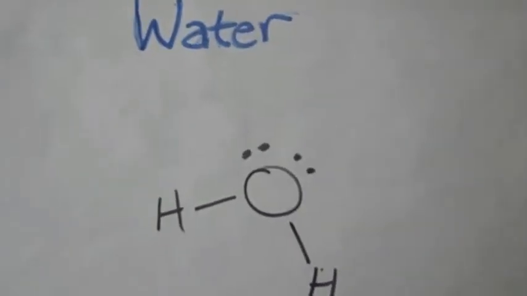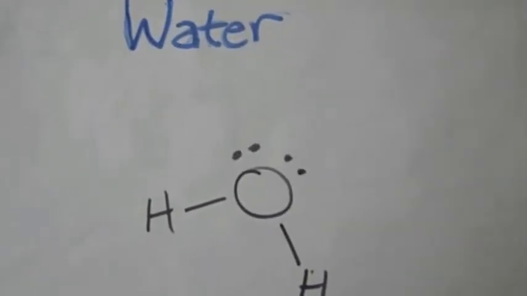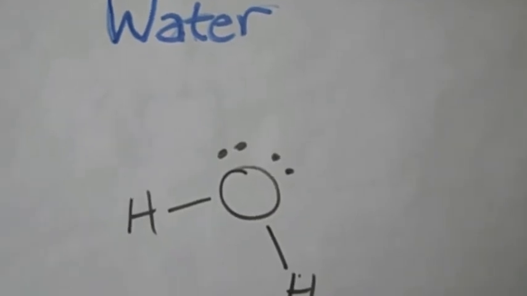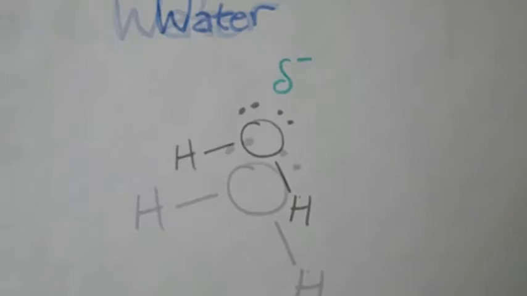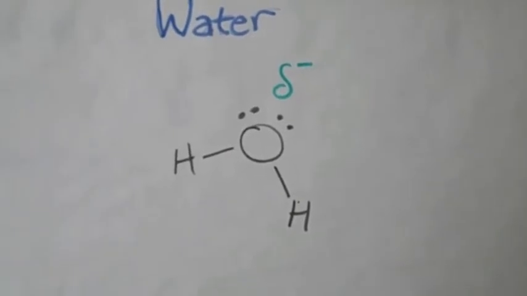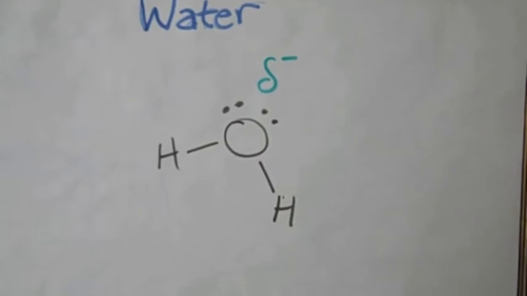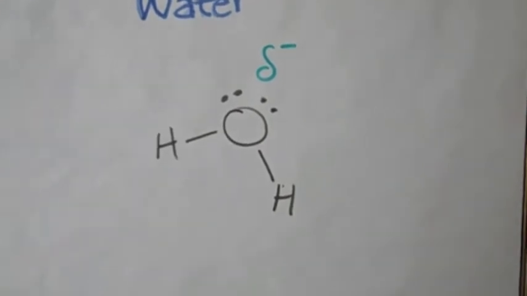Let's take a look at water. Water is a bent molecule, and those two lone pairs on the oxygen give it its bent shape. Those two lone pairs are also areas of negative charge, giving that side of the water molecule a partial negative charge.